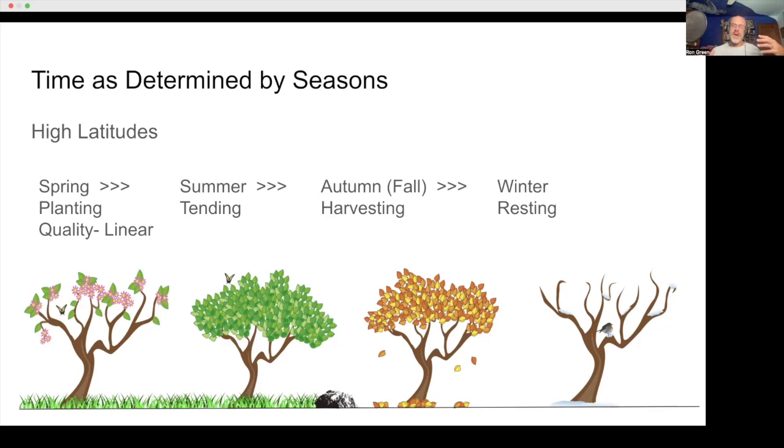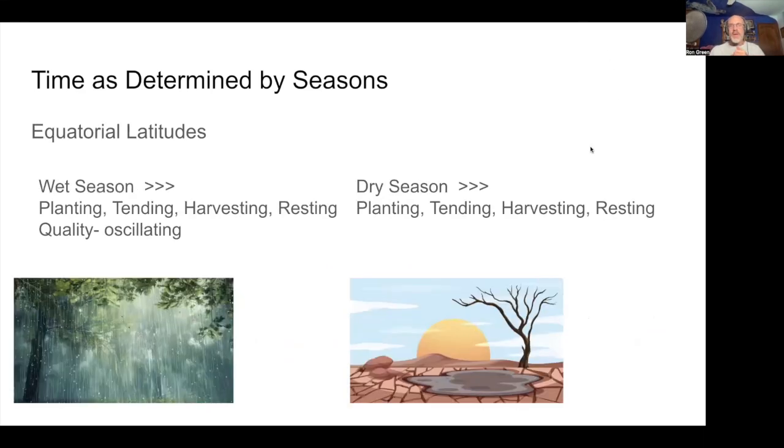many of the ways that not only our culture at higher latitudes functions, but also the languages that arise at those higher latitudes tend to move towards that very predictable beginning, middle, and end, as opposed to where you all are at in Gulu, where time in your area of the world is not determined by the same types of seasons.